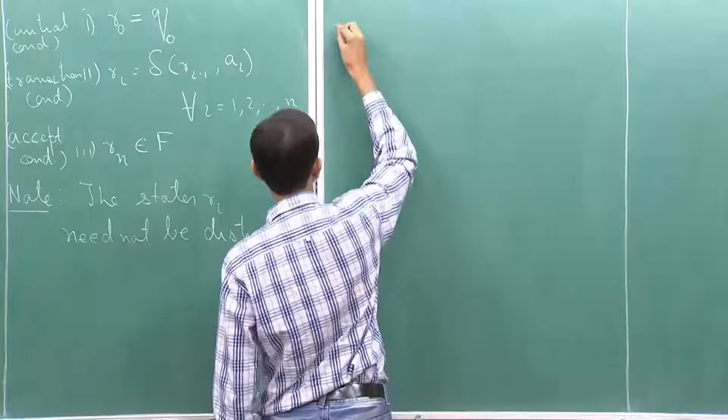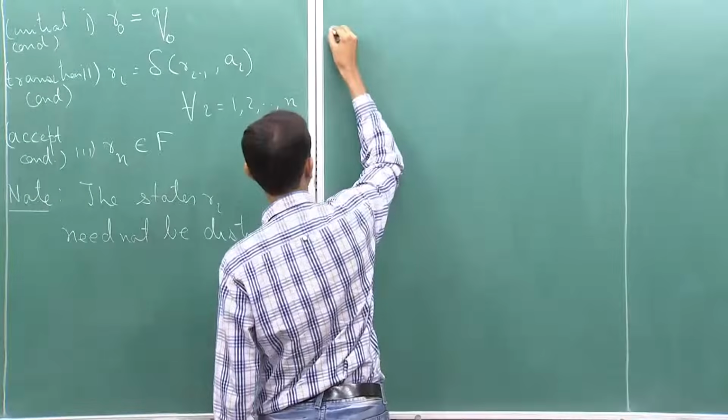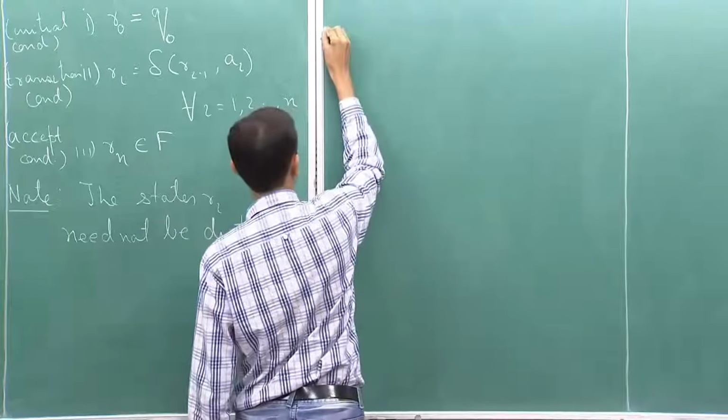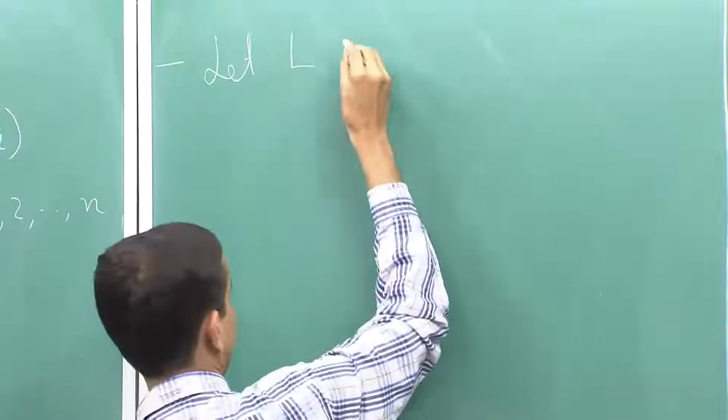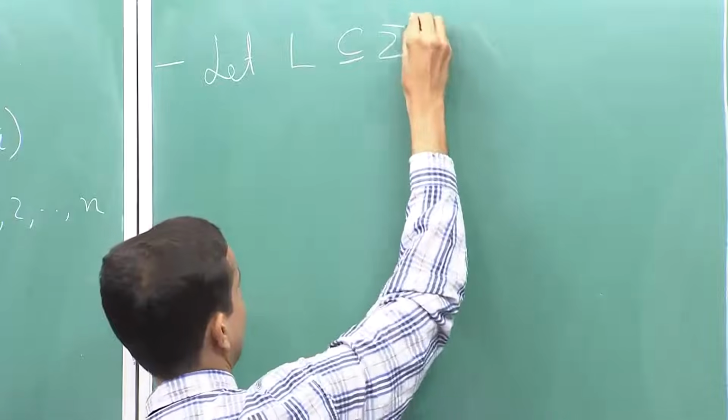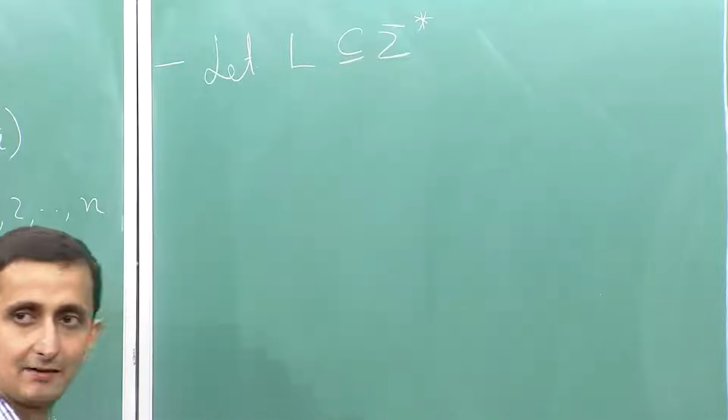Now, using this, what do we mean when we say that a DFA accepts a language? Okay. So, let L be a language over the alphabet sigma.